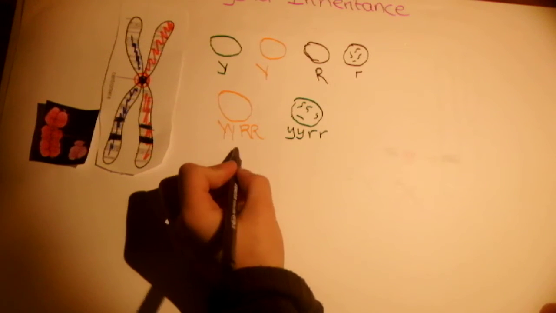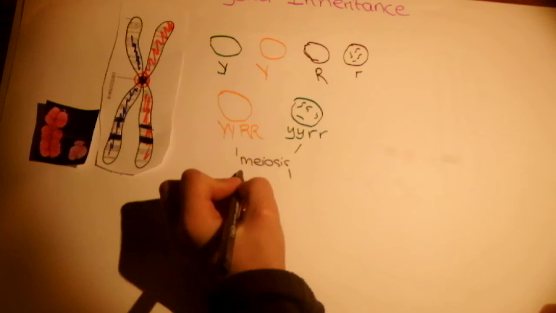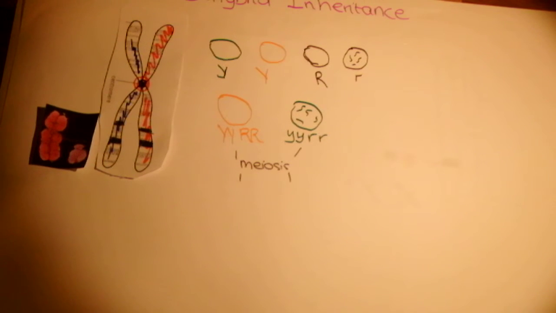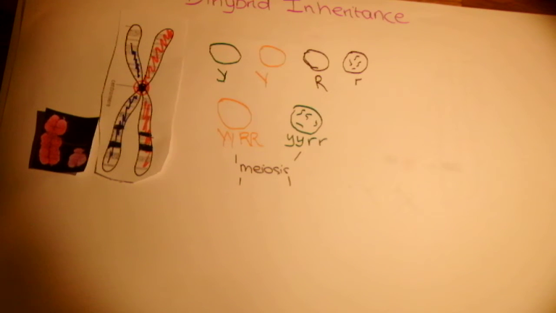Then it goes through the process of meiosis, which you put here. And this is a true breeding of homozygous pairs, which we've explained before.